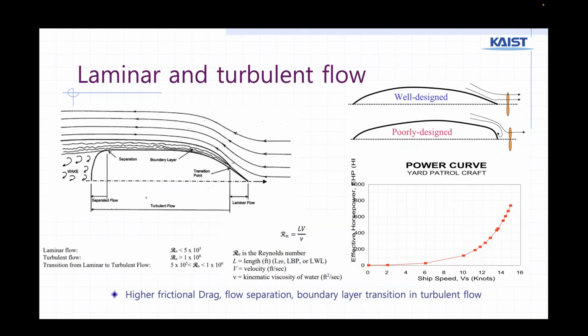Since turbulent flow can easily be formed at high speeds, the power needed to operate the ship increases exponentially as the speed of the ship increases. This understanding is fundamental in naval architecture, influencing the design and operational strategies of the ship. As in the picture on the right side, with an optimal design of the ship head, turbulent flow can be alleviated.